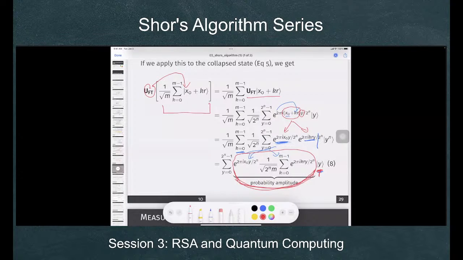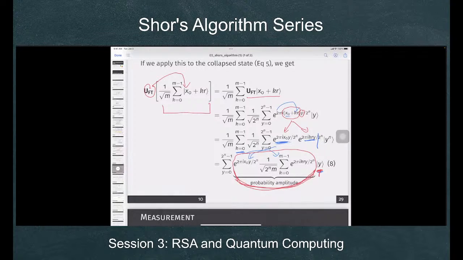So when you measure it, it will give you a number, which is equal to y. And we want to know what is the probability. That number will occur depending on the probability, which is the one here encircled.